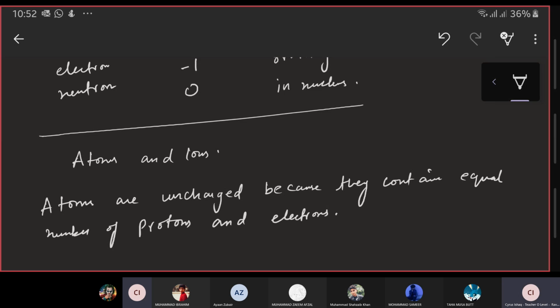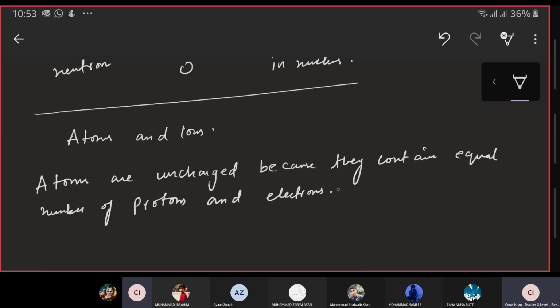They contain equal number of protons and electrons. And the charge on the electron is equal and opposite to that of the proton.